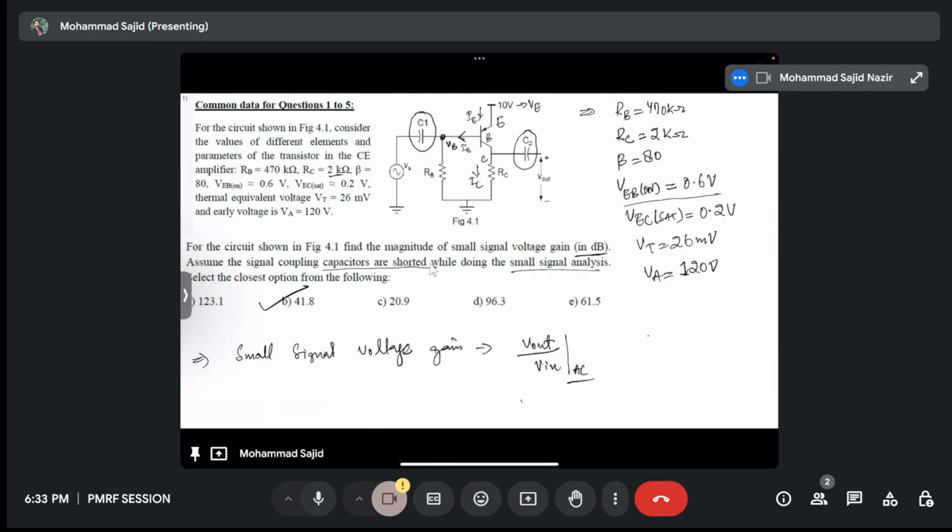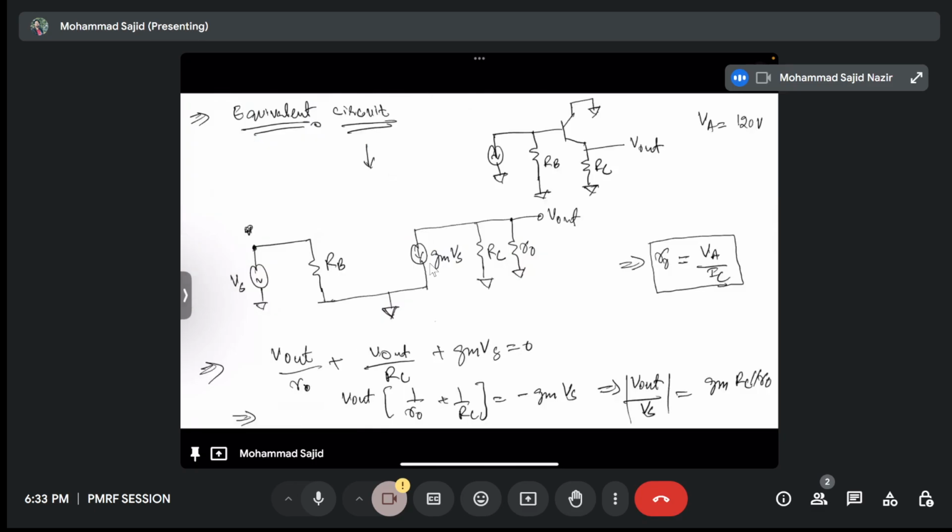Okay, so as I said, for the coupling capacitors, C1 will be shorted at lower frequencies, and the other capacitors will be shorted at very high frequencies. So we'll check how to calculate the poles. You can use this equivalent circuit. You should be able to draw this now; we have drawn equivalent circuits throughout the course.